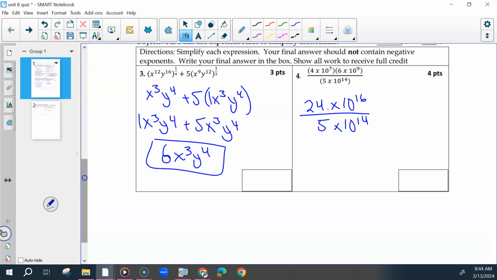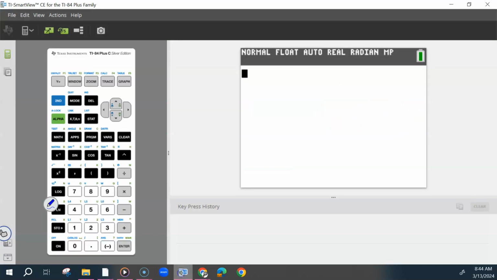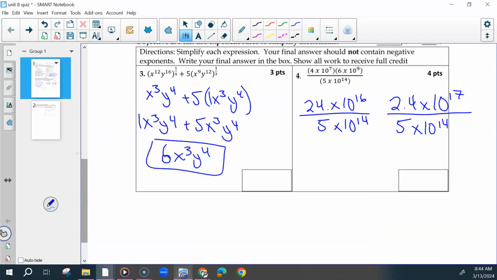The decimal place is at the end, so we'd be moving it to the left and adding 1 to the exponent. Then we are dividing this, so we should actually be dividing 2.4 and 5, not subtracting. To get 0.48, and then subtracting the exponents.